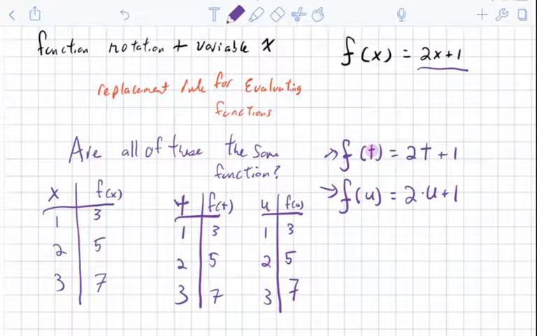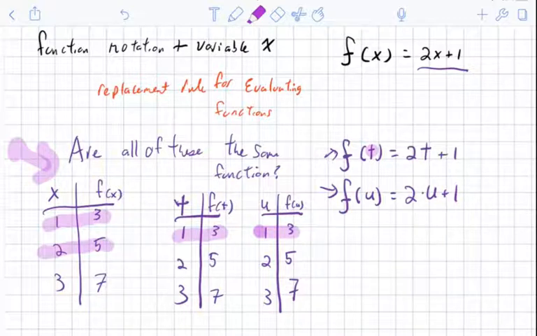And when you compare these function tables, we see that for the same input, the output's the same. Input 1, output 3. Input 2, output 5. Input 3, output 7. The tables are exactly the same.